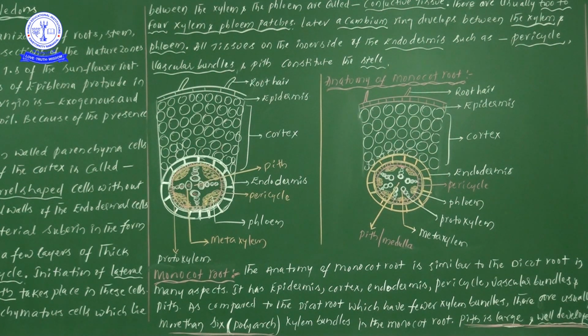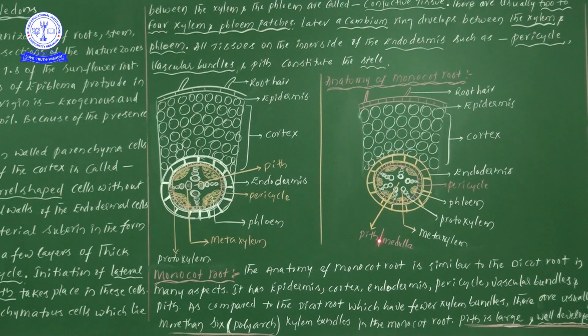Next, in the dicot root the pith is very small, but in the monocot root the pith is large and well developed. The well developed pith is present only in the monocot root.